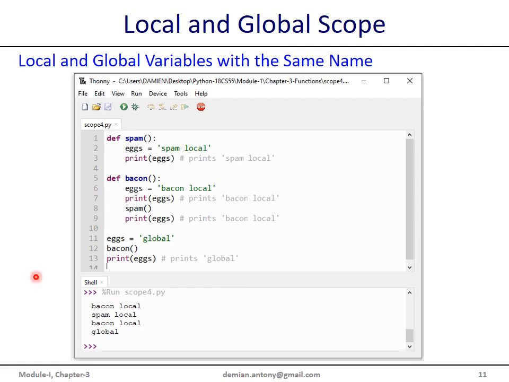We can have local and global variables with the same name, as well as variables in multiple local scopes with the same name. In this example, we have two functions. First is spam, and this is another function, and this is the main program, which is the global scope.